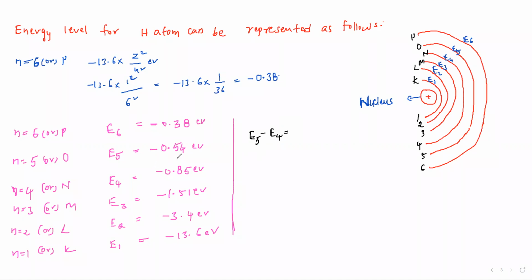Minus 0.54. Here we can write the energy E equal to E5 minus E4.